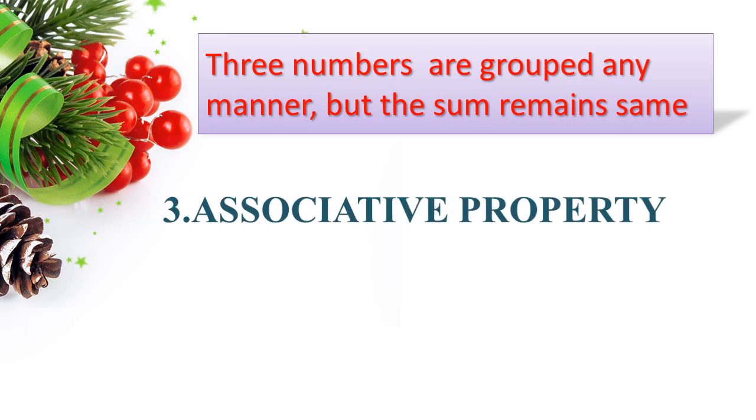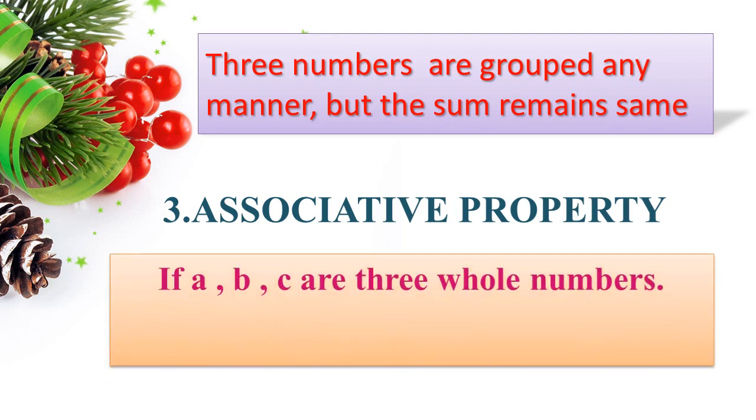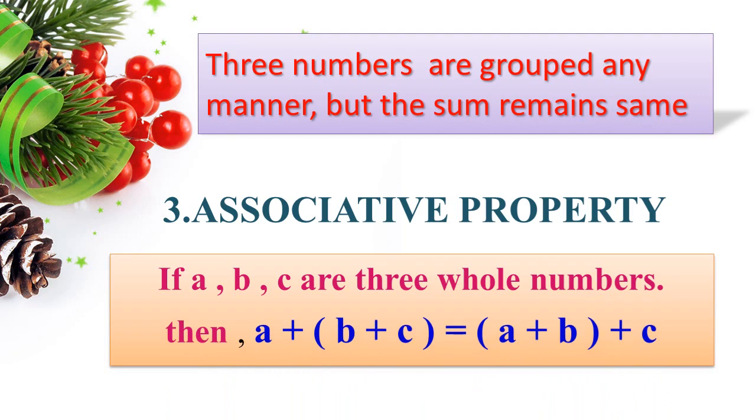Therefore, we define the associative property as: if A, B, C are three whole numbers, then A plus (B plus C) equal to (A plus B) plus C.